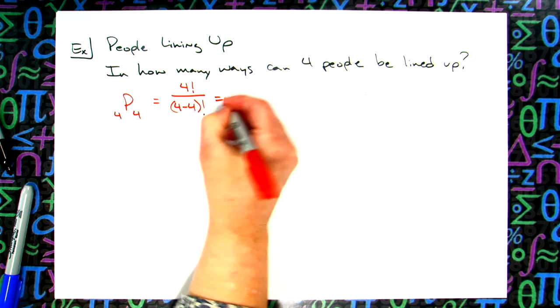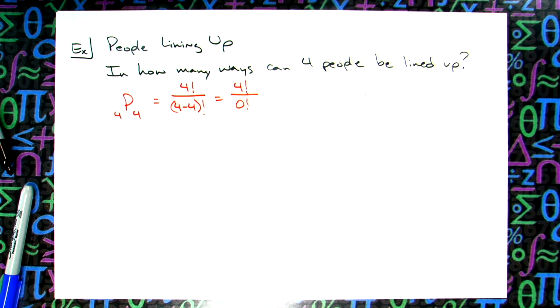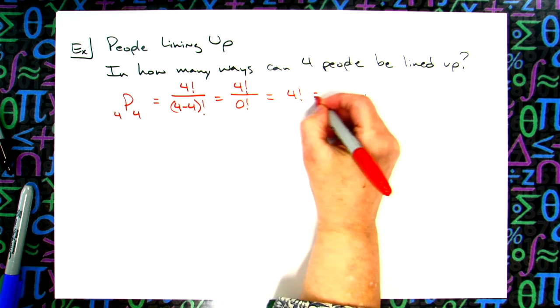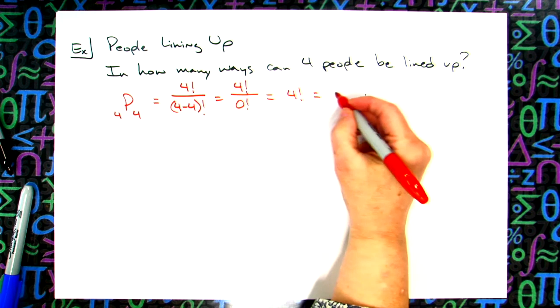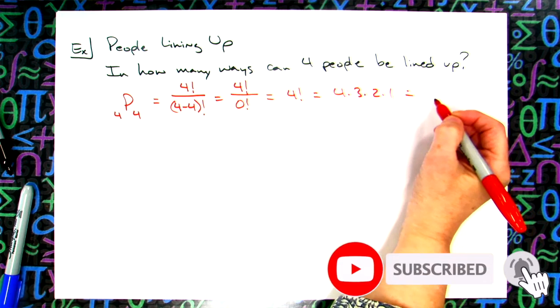All right, that's going to give us a 0 factorial on the bottom. What did we say on Monday that 0 factorial was? Yes, 1. Okay, by definition, 0 factorial is 1, so you have to remember that from the other day when we talked. So really, this is just 4 factorial, which is really just 4 times 3 times 2 times 1, which is 24.